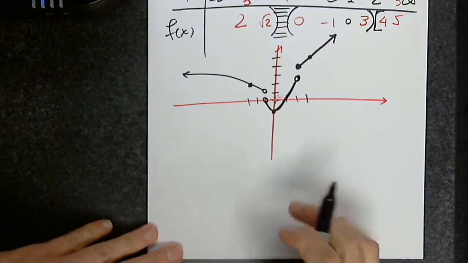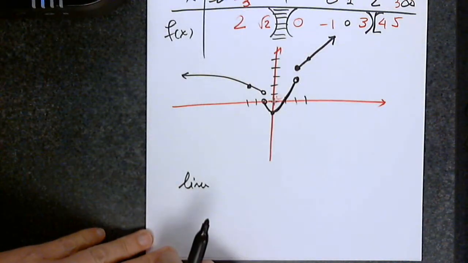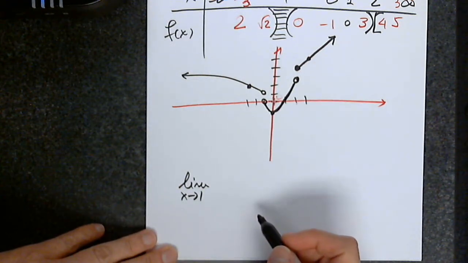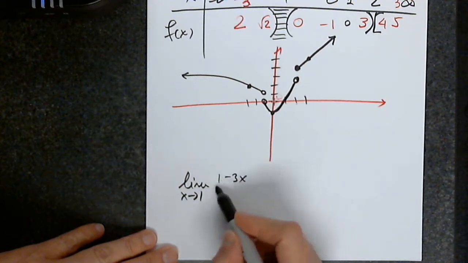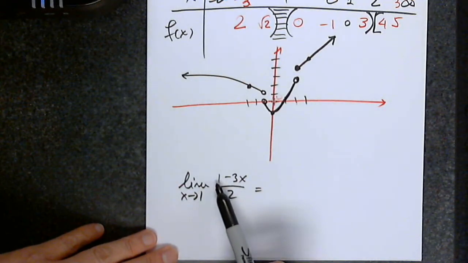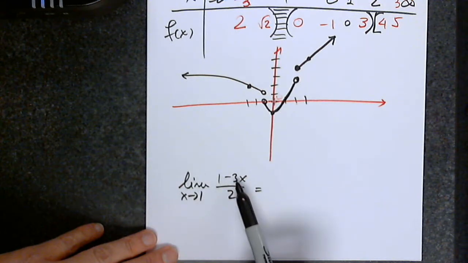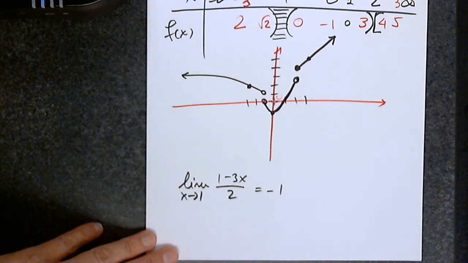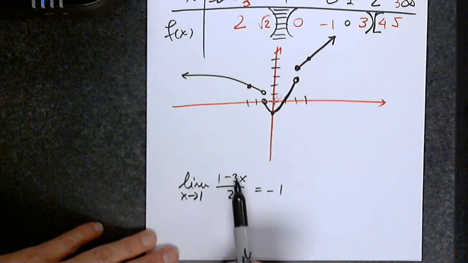I have number 11. Okay. The limit as x approaches 1 of 1 minus 3x over 2 equals negative 1. 1 minus 3 is negative 2.